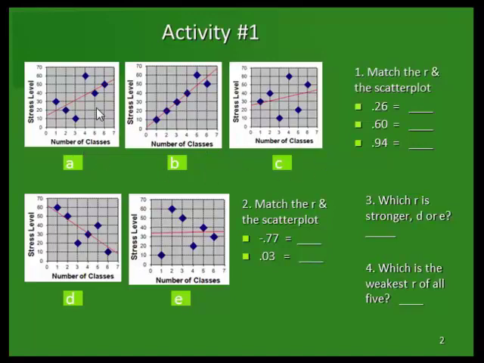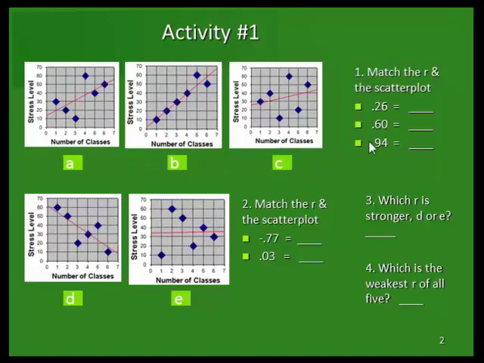In this first case, there looks to be a little bit stronger of a relationship because the lines are falling closer. And here, there's a little weaker of a relationship. And then B is probably the strongest relationship. So stop the program for a second and figure out which value goes with which letter.